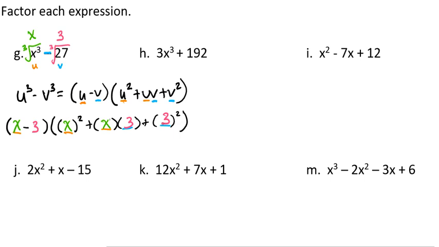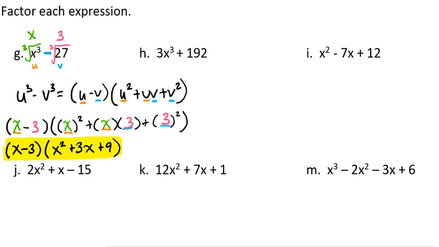And now we just need to simplify that, which is going to give us x minus 3 times x squared plus 3x plus 9. And that is now simplified completely, and we're done with this problem.